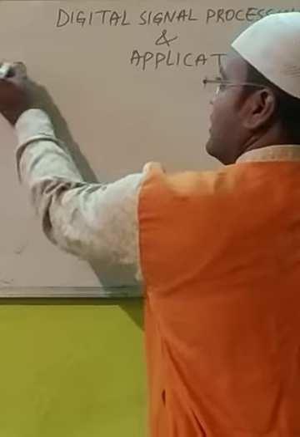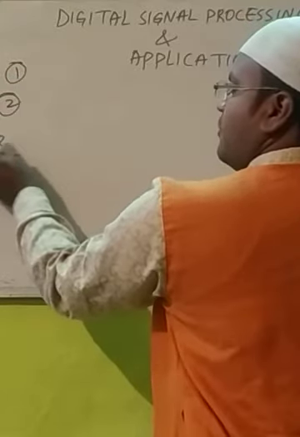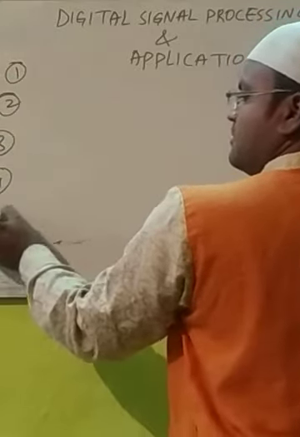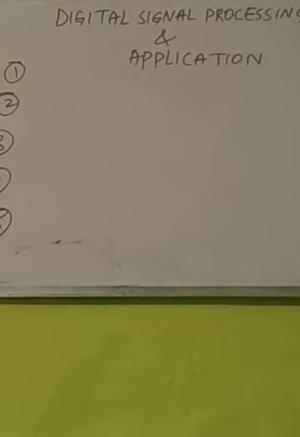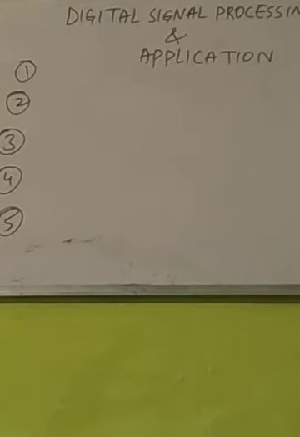Basically, in this chapter we are going to learn the basics of 5 concepts. The first concept is digital signal processing and application, where we learn how the digital signal is going to work. Second, we learn about the application part, where it is going to be used.